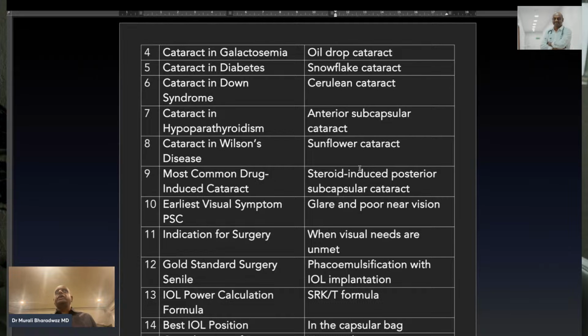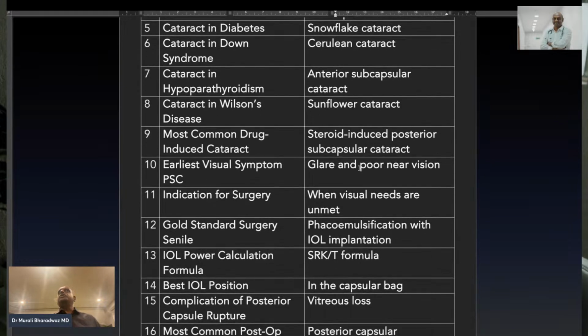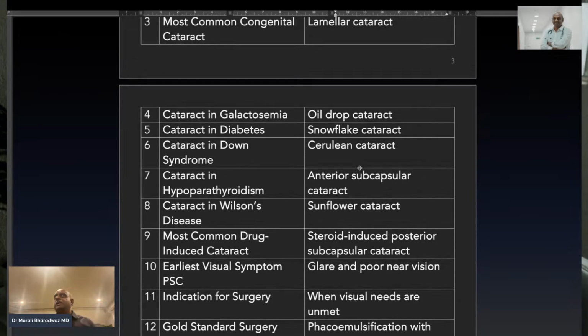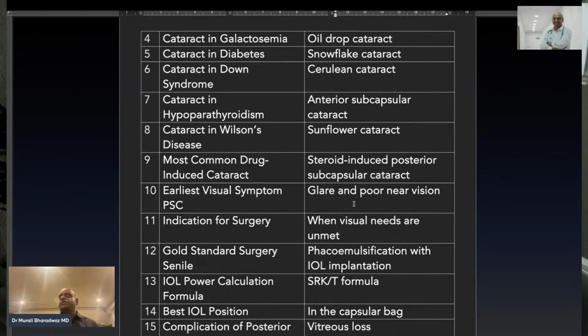Galactosemia is oil drop. Diabetes is snowflake, white. Down syndrome is cerulean. The most common drug-induced cataract is from steroids, and it leads to posterior subcapsular cataract. Anterior subcapsular cataract is hypoparathyroidism, and posterior subcapsular is drug-induced.